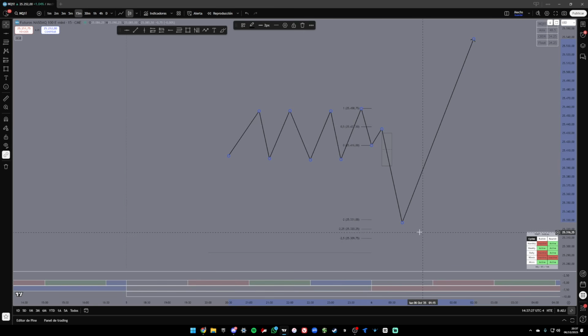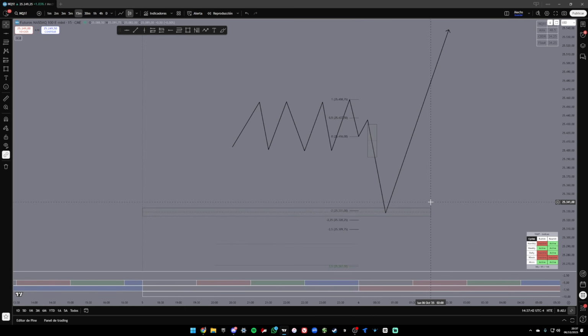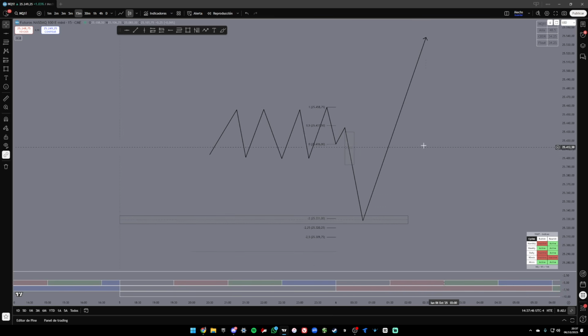This is very precise, more precise than the AMD one. So if we have, same as the other one, any sort of sequential SMT or higher time frame PD array, we can execute this straight without thinking twice. This is the best one in my opinion.